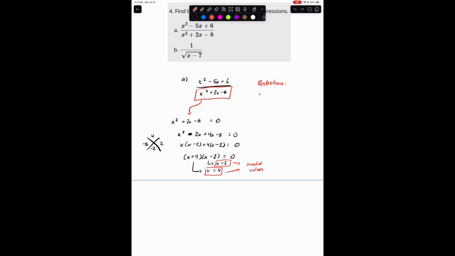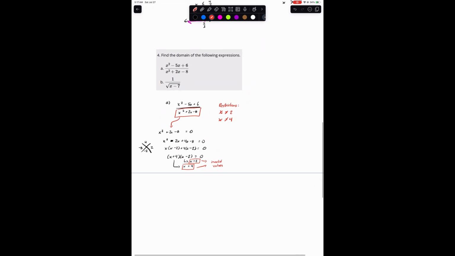Okay, so x cannot be 2, and x cannot be 4. And our domain then becomes negative infinity to 2, union 2 comma 4, union 4 comma positive infinity.